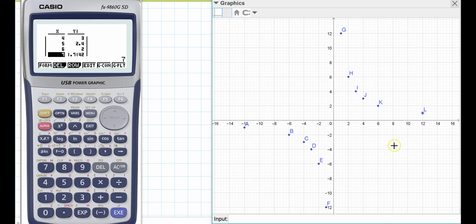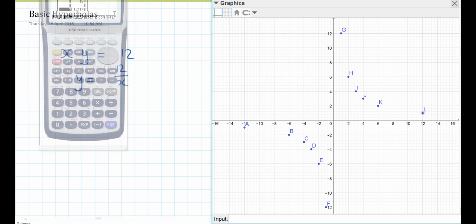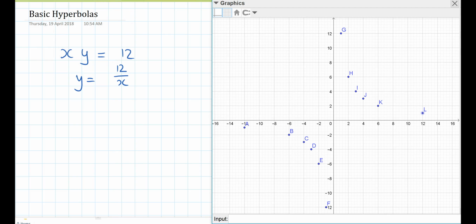So we've got these nice curves that are appearing, but we need to see what happens as this graph approaches the x-axis and as it approaches the y-axis. So I'm just going to get this out of the way, and I'm going to go back to my equation. Now, to begin with, I'm going to see what happens as the x values get very big.